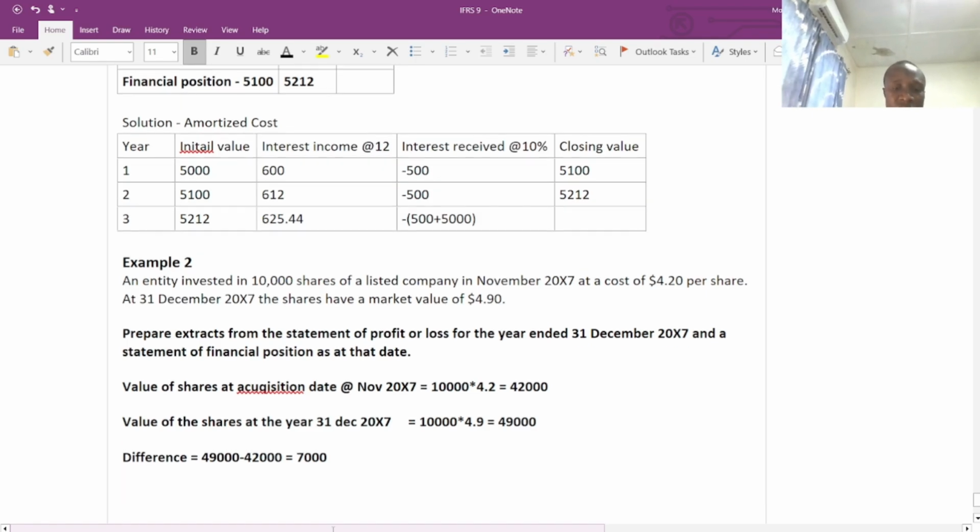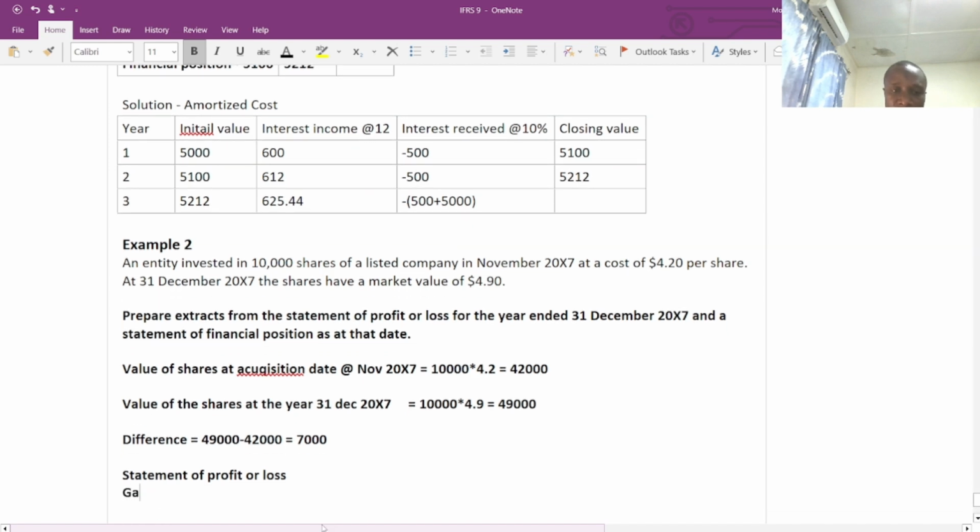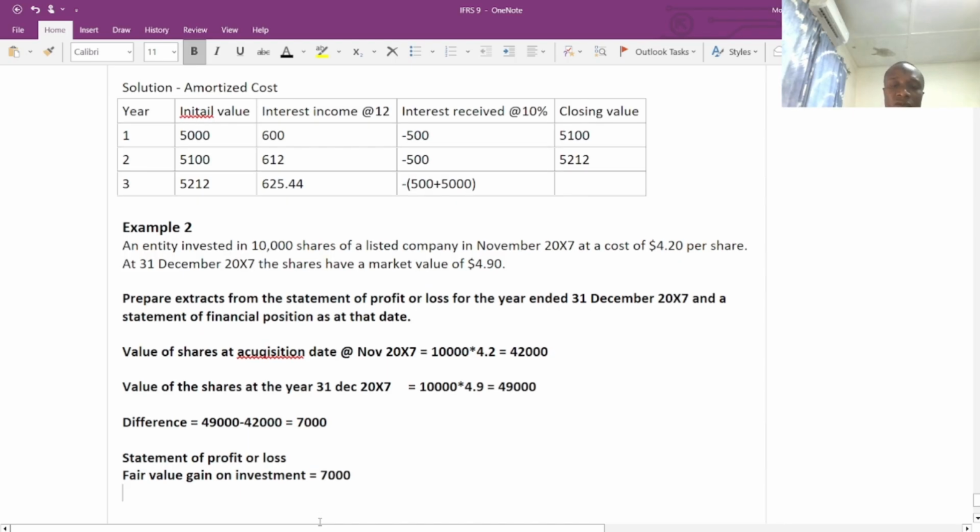So now, within the statement of profit or loss, there will be a fair value gain on investment, which is 7,000. Very simple.